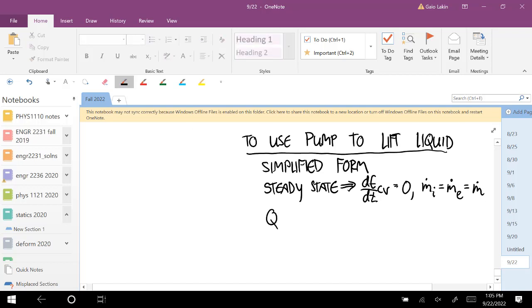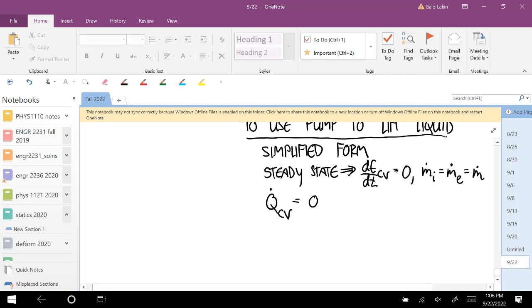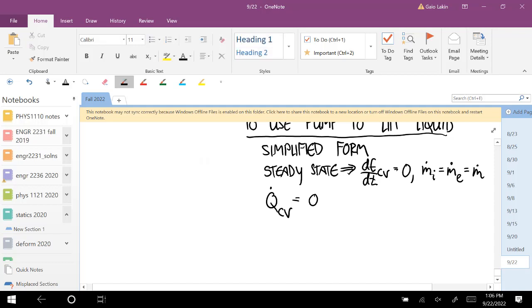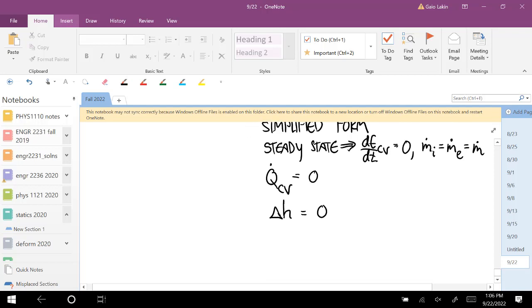We're going to assume q dot is 0. We're going to assume that there's no change in pressure, and so there's no change in enthalpy. So delta H is 0. We're going to assume that there's no change in speed.